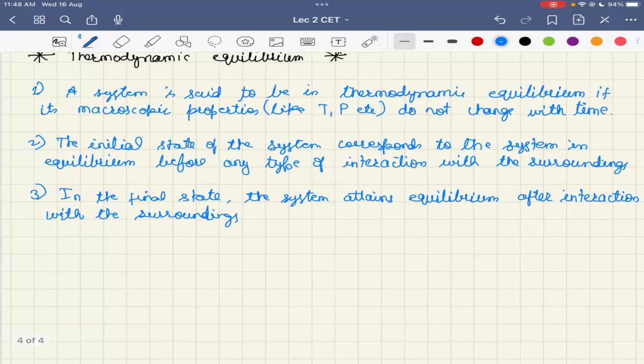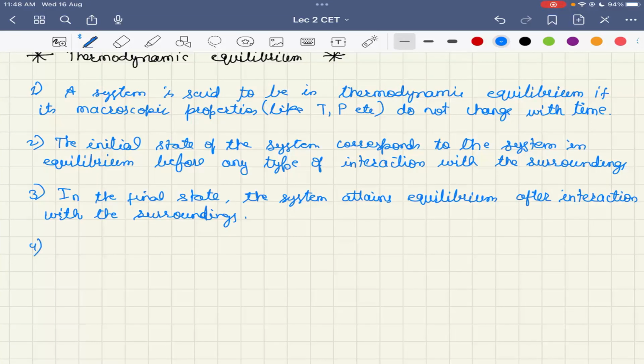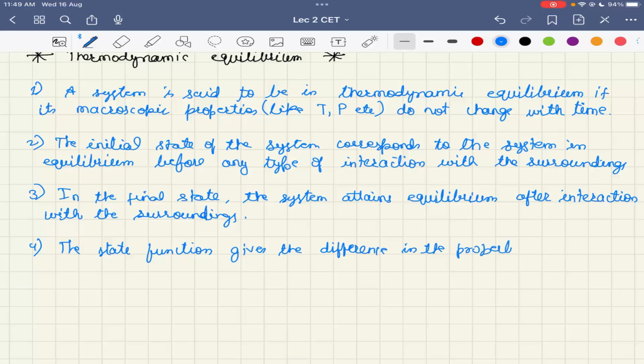right? Then the fourth point is the state function gives the difference in the property of the initial state and the final state.